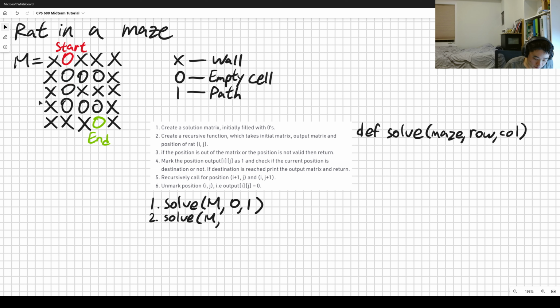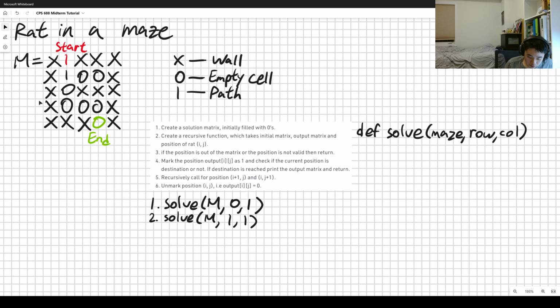Going down, we have M at 1 1. I will mark this as part of the solution, because this is an empty cell.